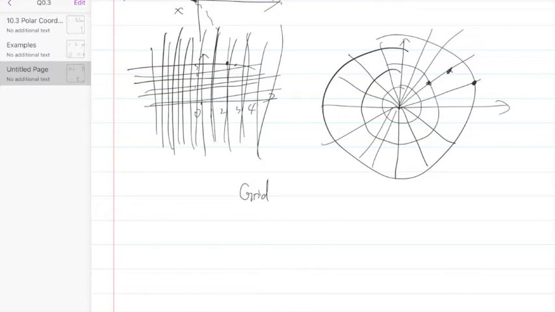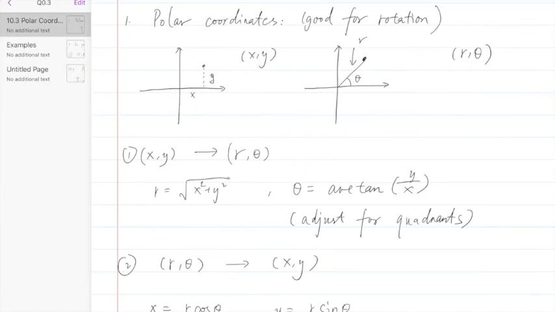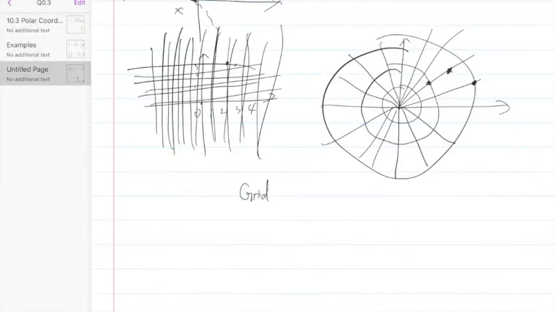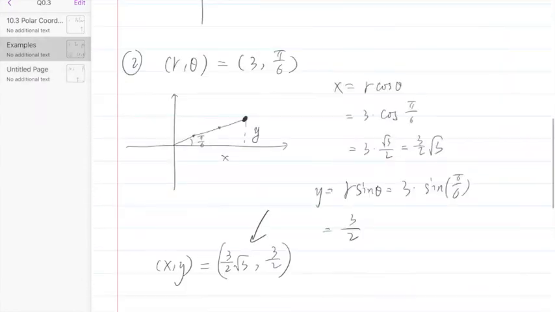So you have a different kind of grid. Where you fall really depends on whether you are here or here, corresponding to a different angle and a different r, and anywhere in between. Okay, so it's really just a different way to draw the grids whenever you do polar coordinates. Okay, so that's the idea of polar coordinates.